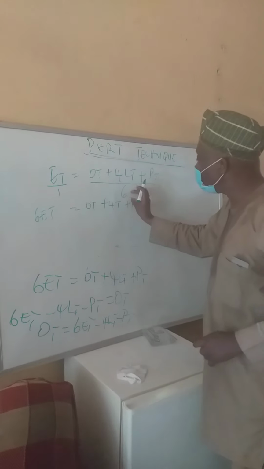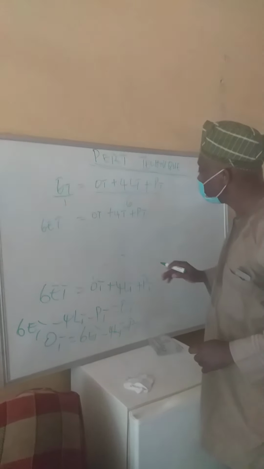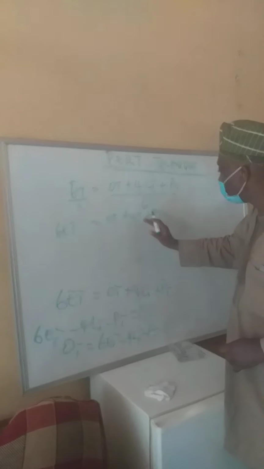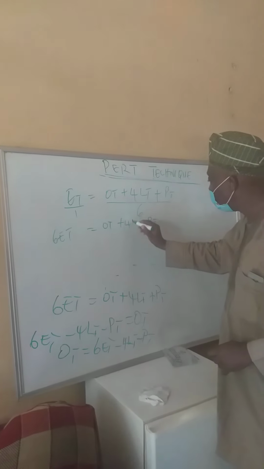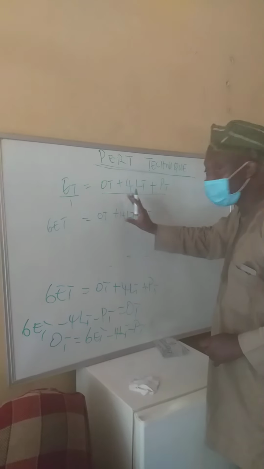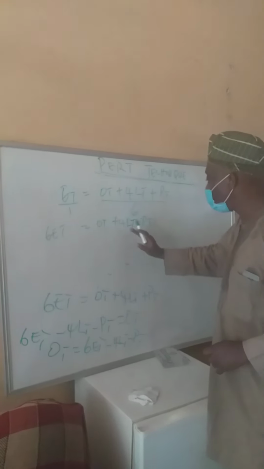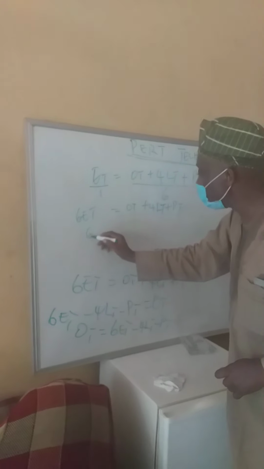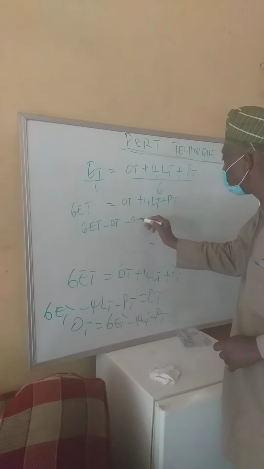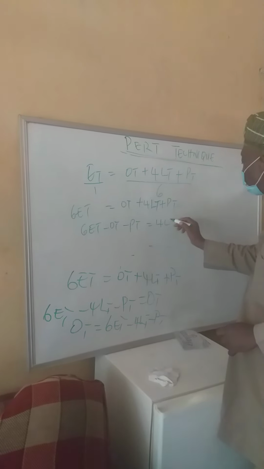We want to isolate LT now. First of all, isolate 4 LT. So you have 6 ET minus OT minus PT is equal to 4 LT.